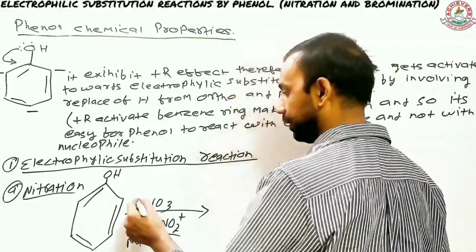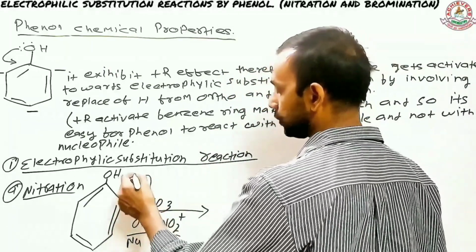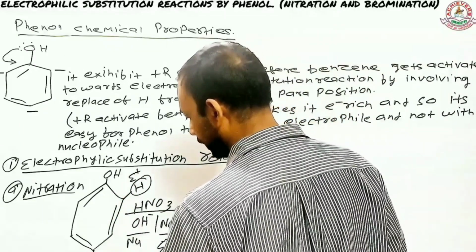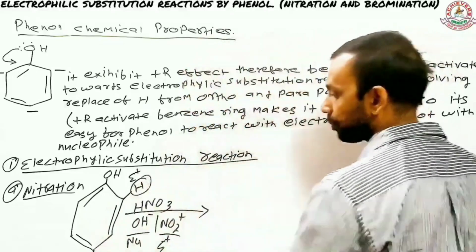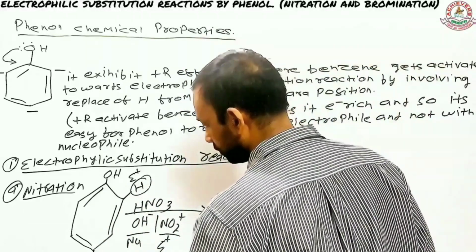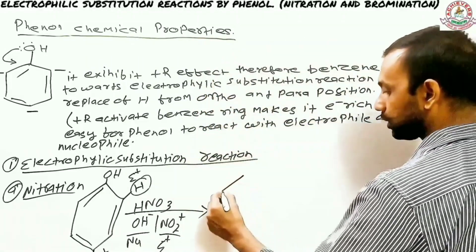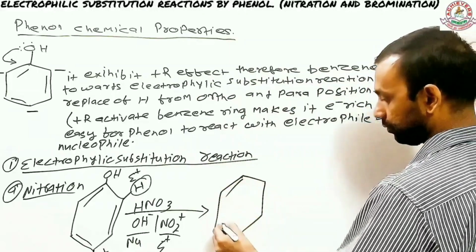What will happen, hydrogen from this place is also an electrophile, and hydrogen from this place is also an electrophile. So nitrogen will displace both of these hydrogens, and therefore the two products coming out will be orthonitrophenol and paranitrophenol.